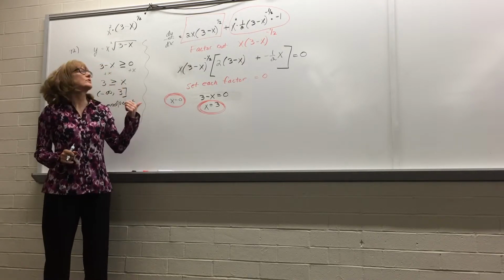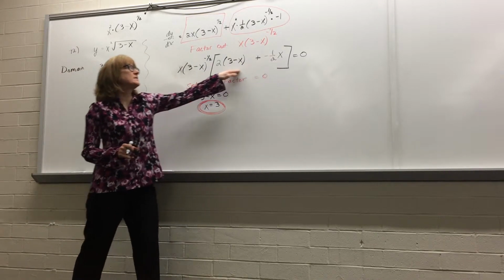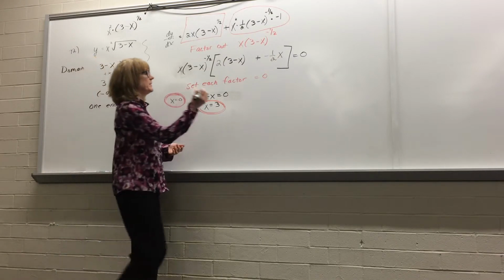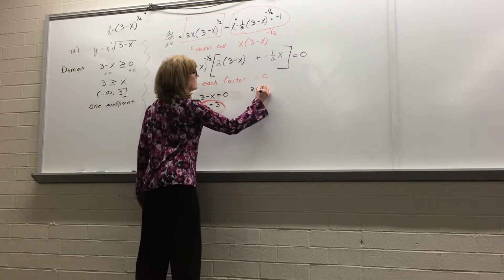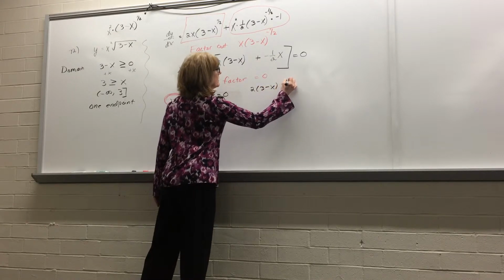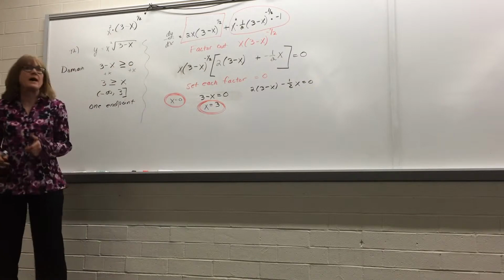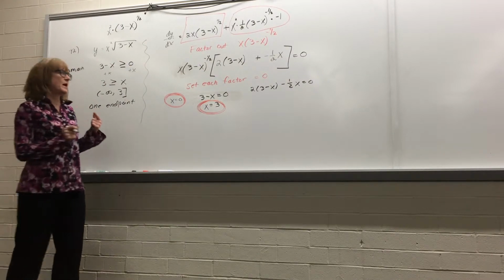And one more factor. So now we set this factor equal to 0. I eventually, one point or another, I'm going to have to clean that up a little bit, but I'll do it now. So that's my third and final factor, set equal to 0, and solve for x.